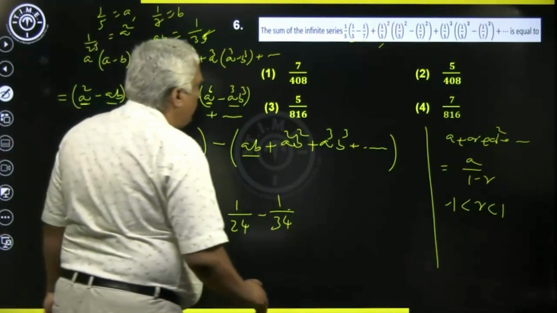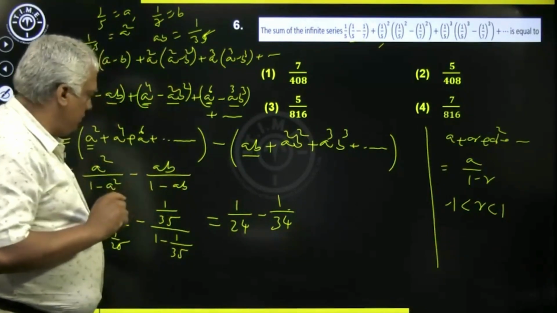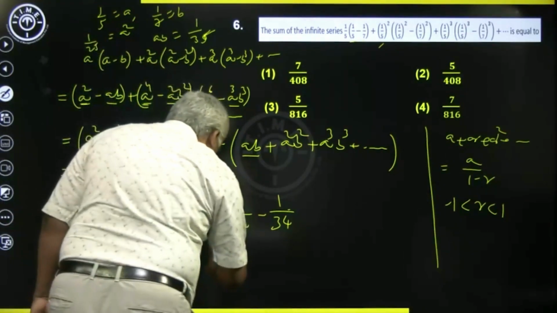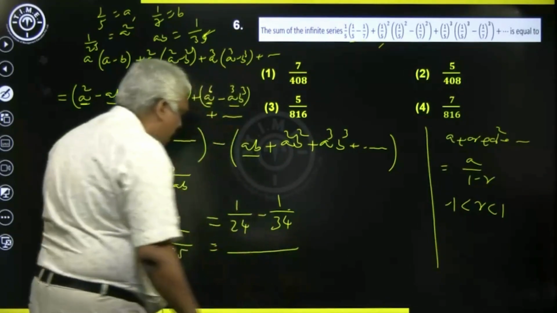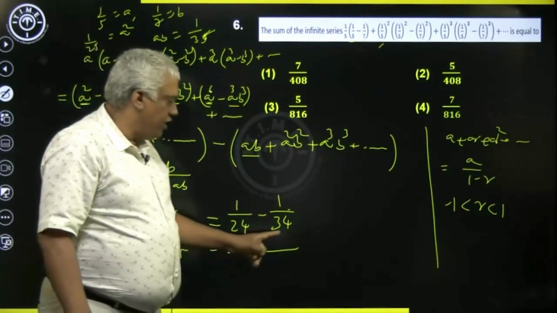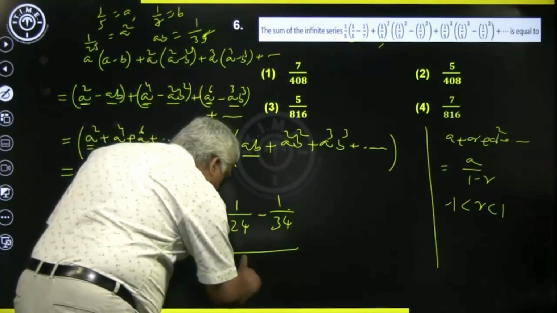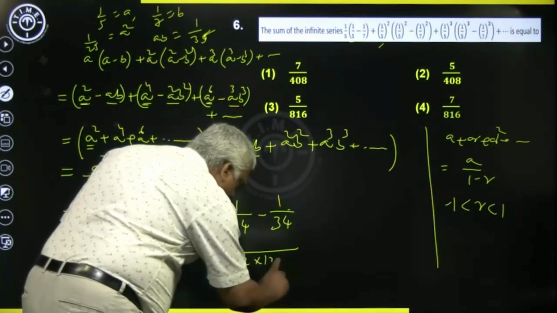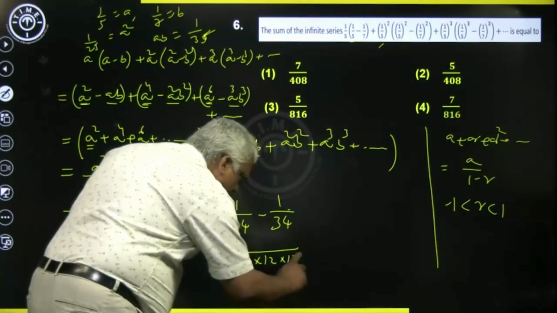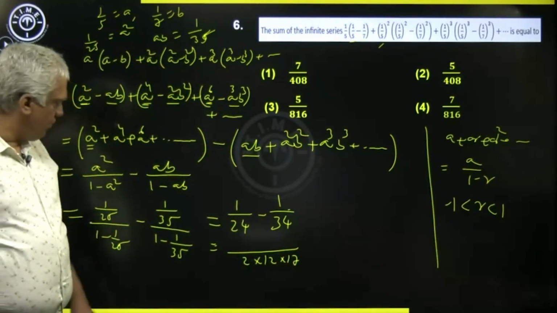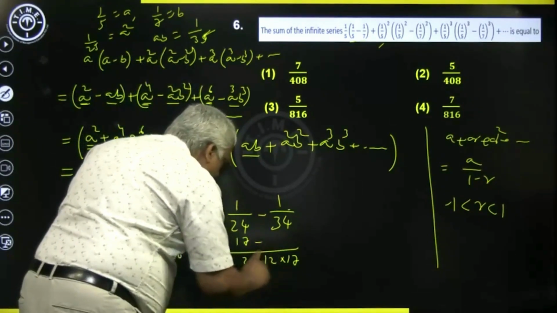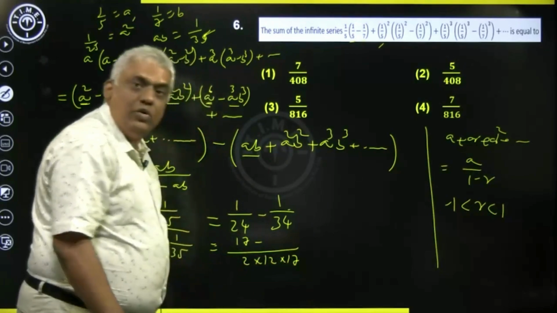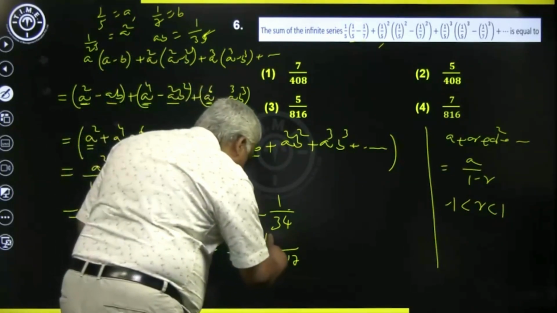Okay. Now, let us see. Here we can take the LCM. Here it is 2 into 12 and 2 into 17. So the LCM we can take as 2 into 12 into 17. This is the LCM. 24, 24 got cancelled. It will be 17. For 34, the 17 and 2 got cancelled, minus 12.